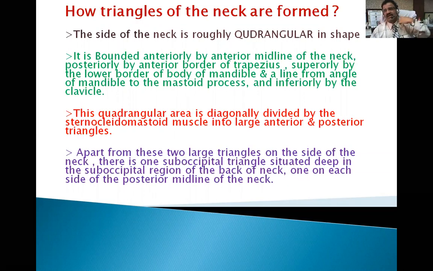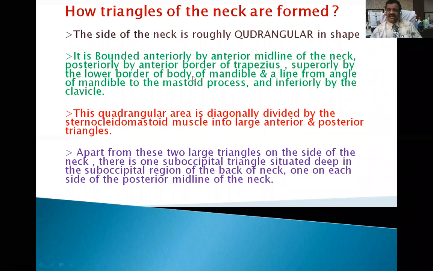It is a square, look, and its triangles are created with the help of muscles and imaginary lines, midline and all that. So the side of the neck is roughly quadrangular in shape and is divided to get those triangles.